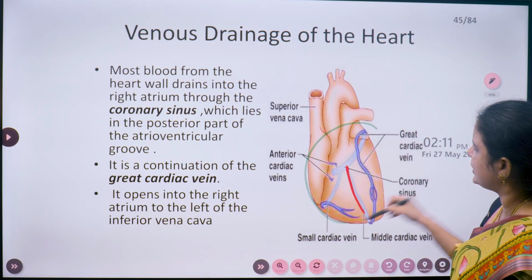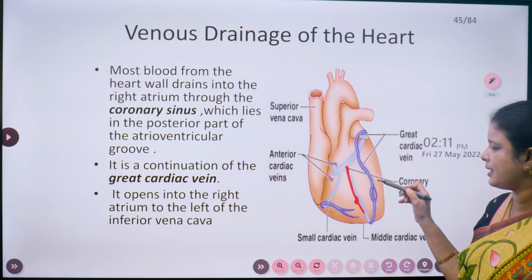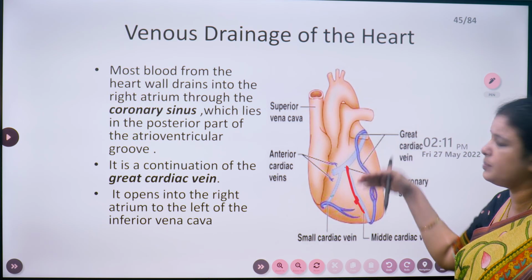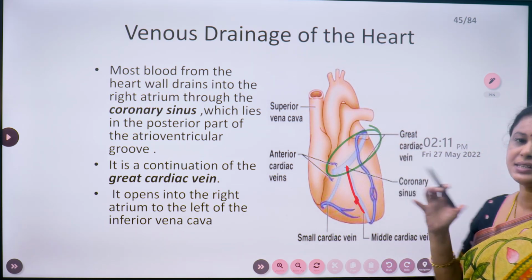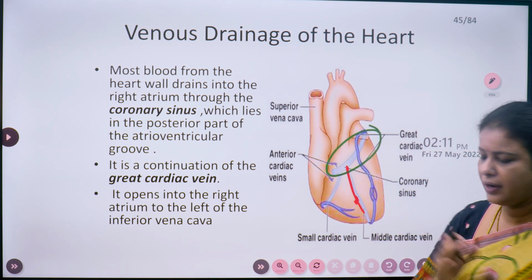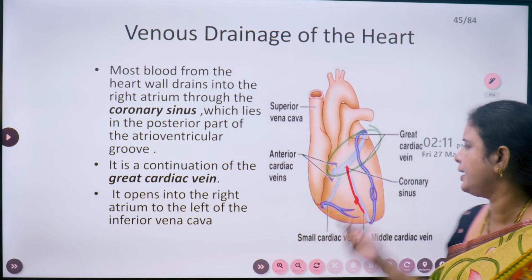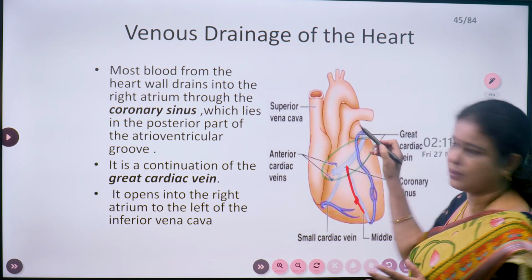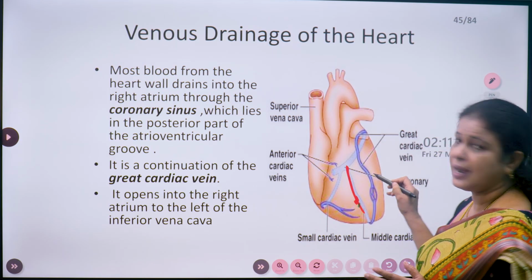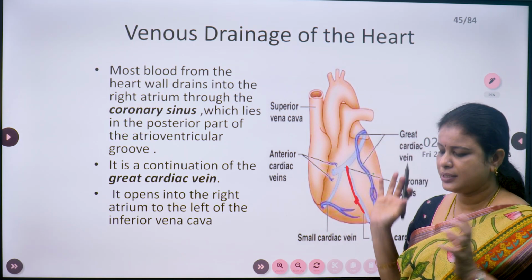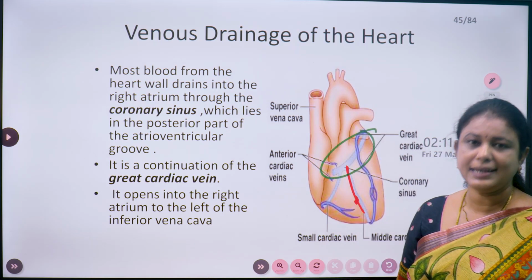All these veins will be drained into coronary sinus. So venous drainage of the heart, the deoxygenated blood in the heart, will drain into coronary sinus by small cardiac vein, middle cardiac vein and great cardiac vein. These three veins together will drain into coronary sinus.